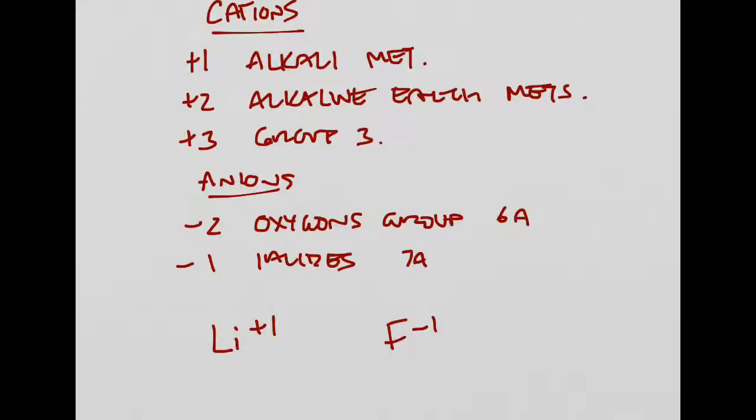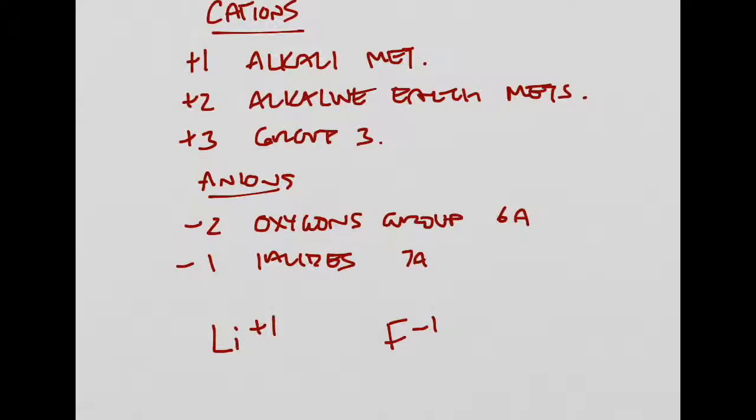In order for lithium to be happy, it likes to lose an electron and therefore have a helium noble gas core, which is nice and stable. And in order for fluorine to be stable and happy, it wants to gain an electron and become a neon core. Those noble gas cores are very stable. In fact, fluorine is much more stable as an ion than it would be as a neutral atom.